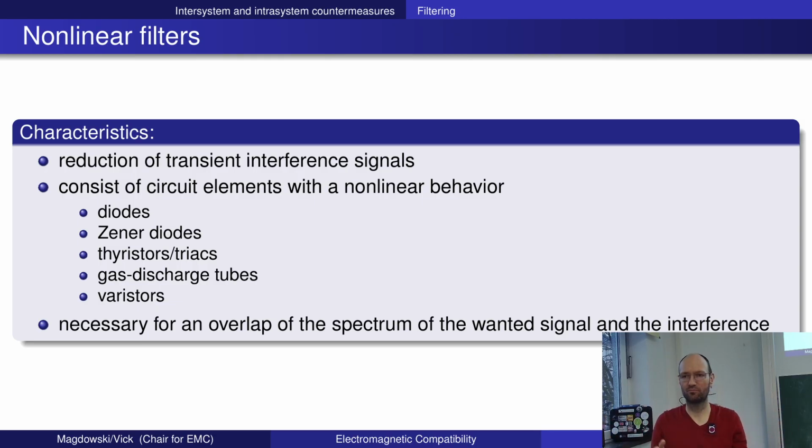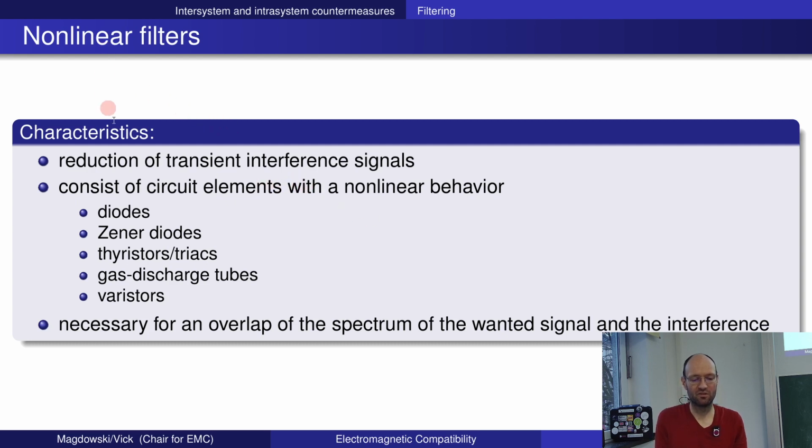So if we have a short pulse, a transient disturbance, a linear filter will not help us because such disturbance signals have a broad spectrum, and so you would need to filter almost all frequency components, and then you will probably also filter your useful signal. If you have a broadband disturbance, linear filters will not really work.